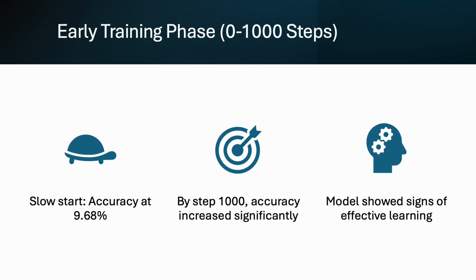Early training phase, steps 0 to 1000. The initial performance was a bit slow, starting off with only 9.68% accuracy, which meant the model was doing more of random guessing. Although it started off slowly, by the time step 1000 was reached, the accuracy had increased significantly. We can see here on our slide.